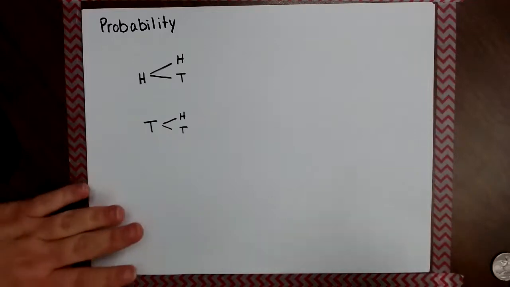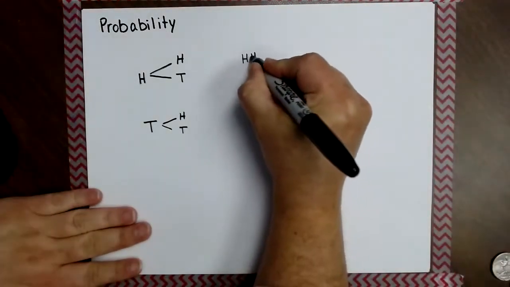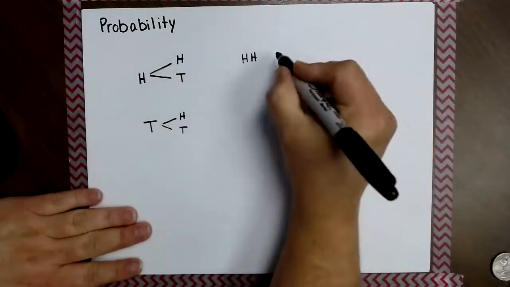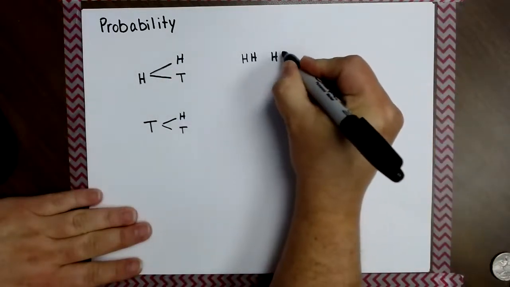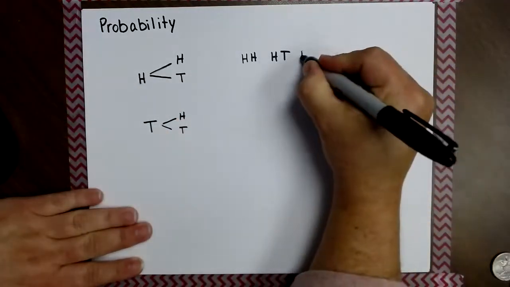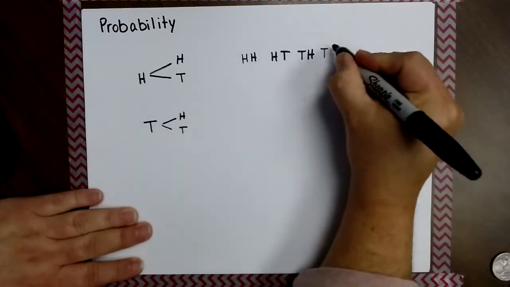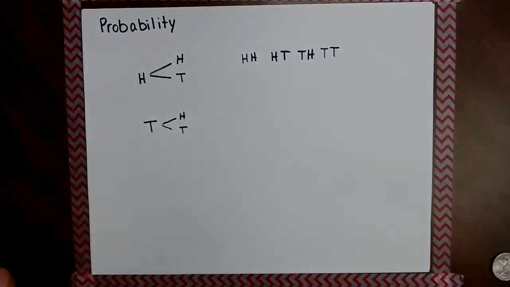A different way that you could see this written, they would write it as heads, heads, heads, tails, tails, heads, and tails, tails. So you can see it written this way sometimes.